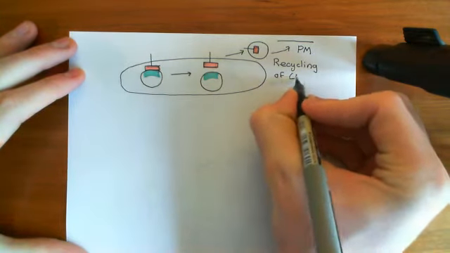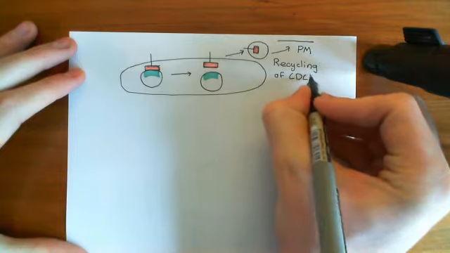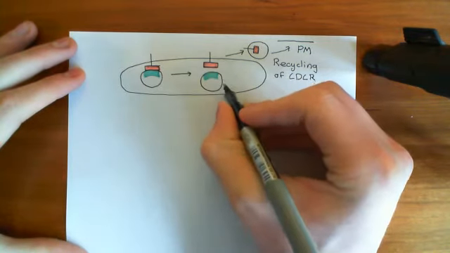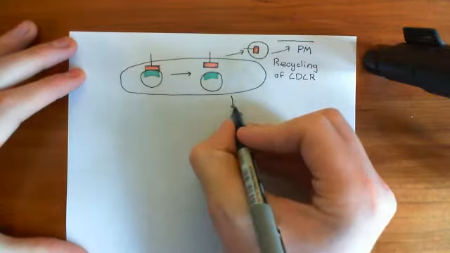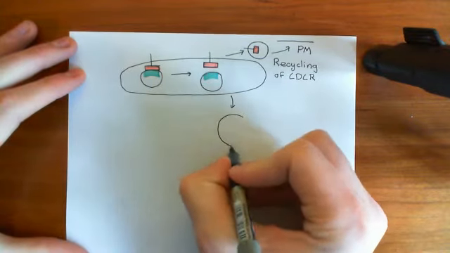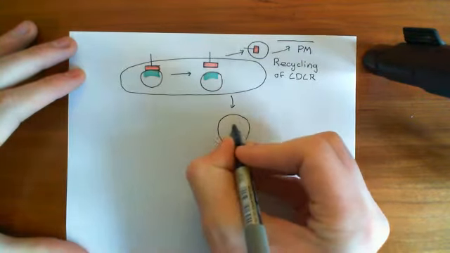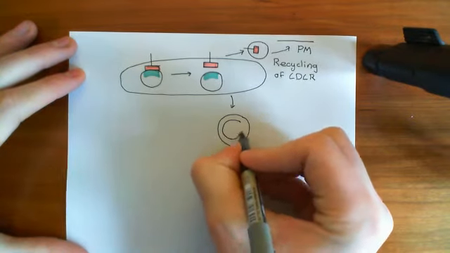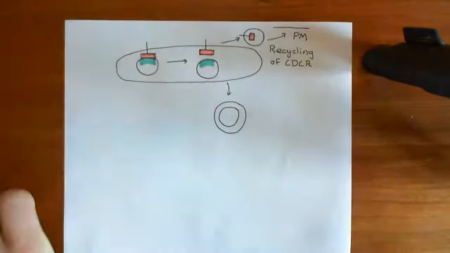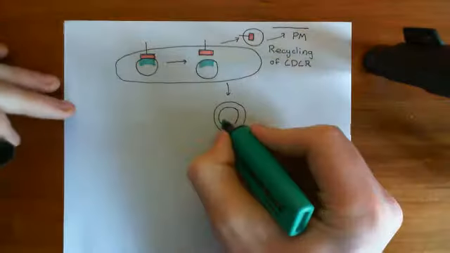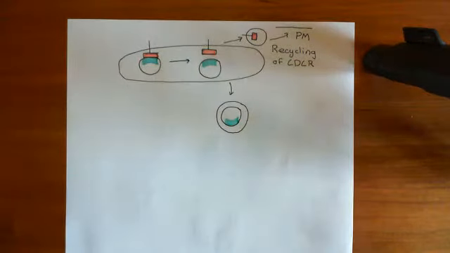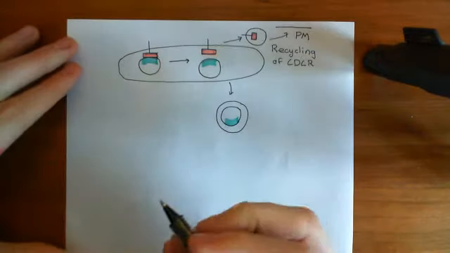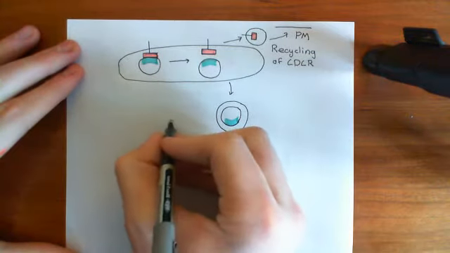Meanwhile, it's not so good news for the LDL molecule. The LDL molecule is also going to go into a vesicle. So you're going to pinch off a vesicle, like so, which will contain our LDL molecule here. This is not going to go back to the plasma membrane. This is going to go to a membrane-bound structure known as a lysosome.